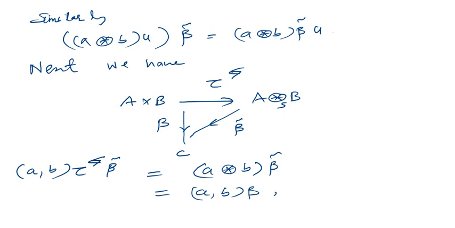This is true for all AB belonging to A cross B. So thus for any AB belonging to A cross B, tau natural beta tilde of AB is the same as AB of beta. So this gives that tau natural beta tilde is equal to beta.